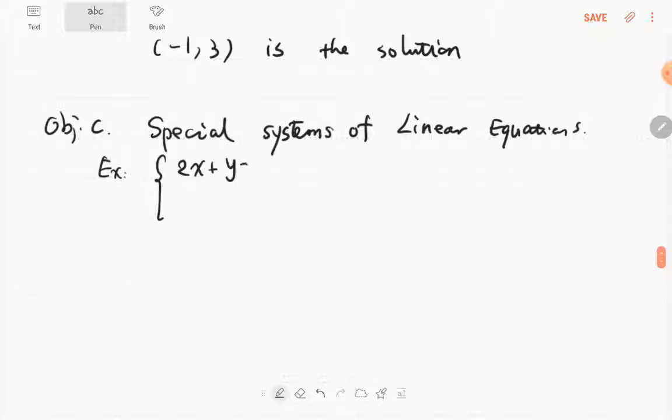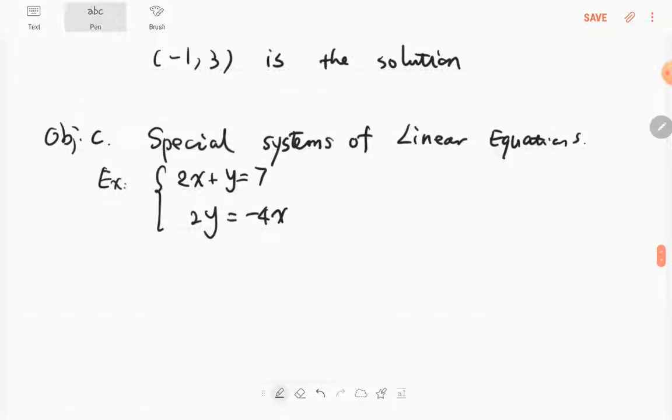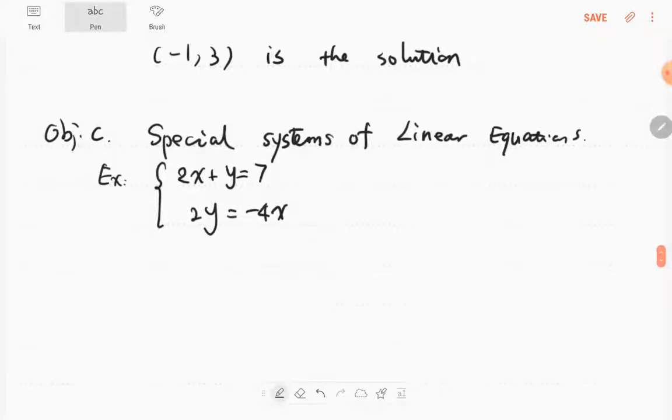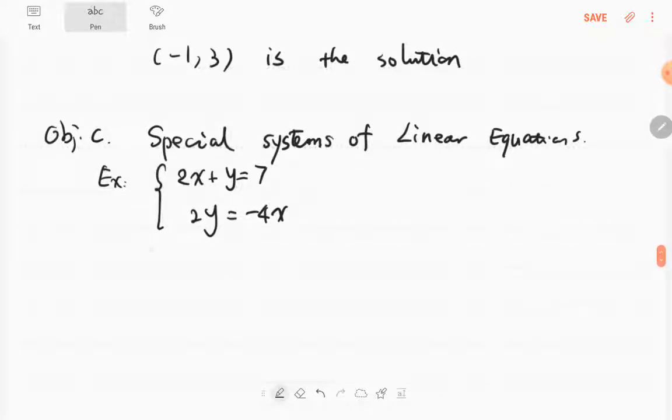The first one, if we have this system, maybe we will change the form, the standard form. The first equation, we have the standard form. We will change both equations to the slope-intercept form. Okay, first step, we need to get the slope-intercept form.